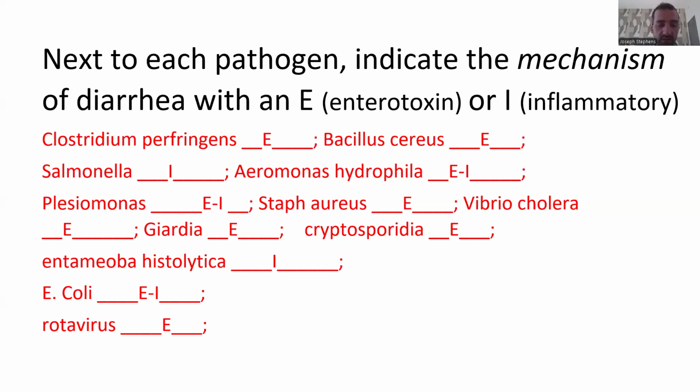Aeromonas hydrophila can be either. Plesiomonas can be either. Staph tends to be enterotoxin. Vibrio cholera, enterotoxin. Giardia, enterotoxin. Cryptosporidia, enterotoxin. Entamoeba histolytica, inflammatory. E. coli can be either. And rotavirus, enterotoxin.